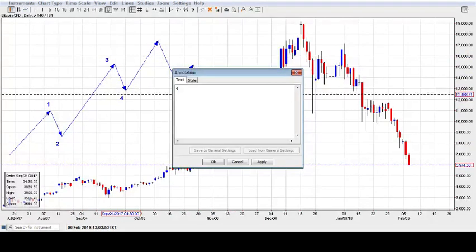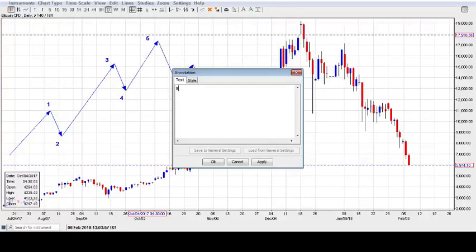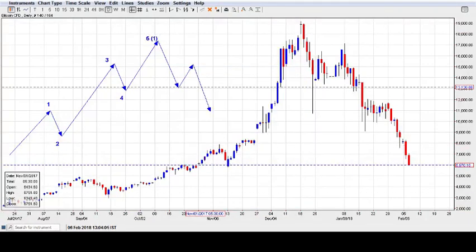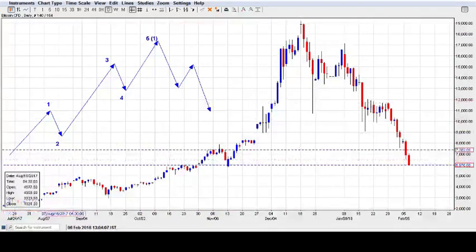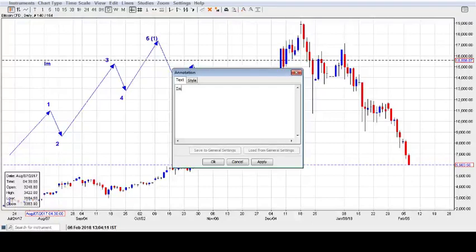Of course, there are a few very strict guidelines that we need to follow, and a bit of variance as well. So 1 2 3 4 and 5, that's an impulse wave. It's called an impulse.